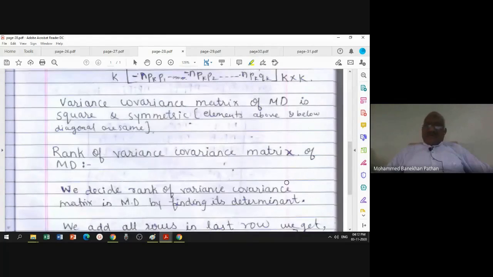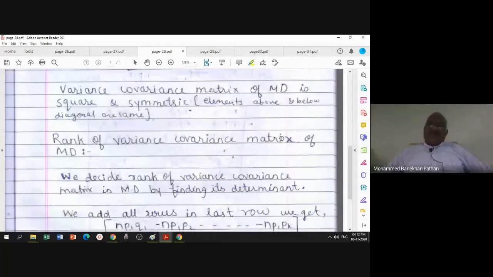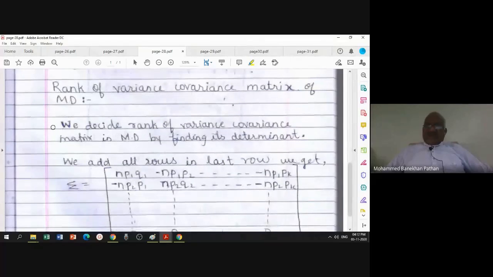Now on this matrix, we can study a mathematical term called rank. The rank of the variance-covariance matrix of the multinomial distribution is decided by finding its determinant.